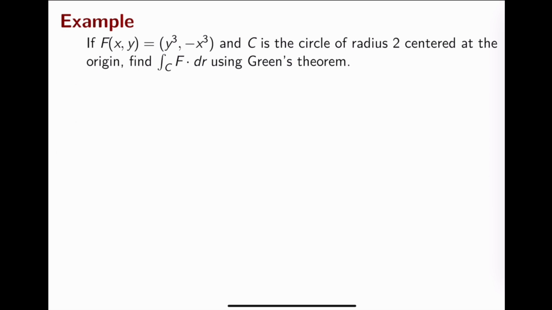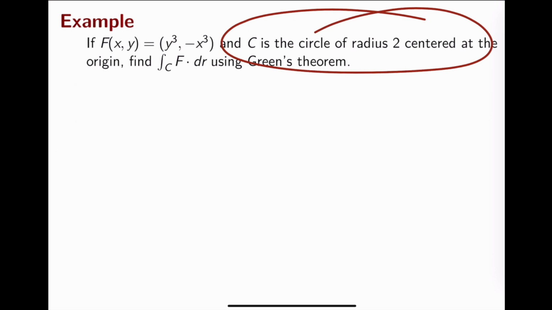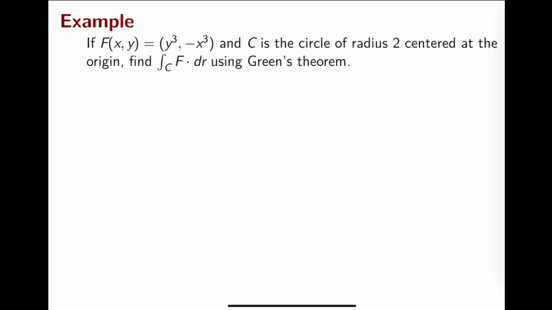So let's do a drawing of the curve and the domain that it encloses, right? Since both things are going to be needed. So in this case, it's a circle of radius 2. So this is going to be 2 here. And so the domain enclosed is going to be all the interior of this circle. So inside here, this is going to be the domain, and the boundary, this is going to be the curve.